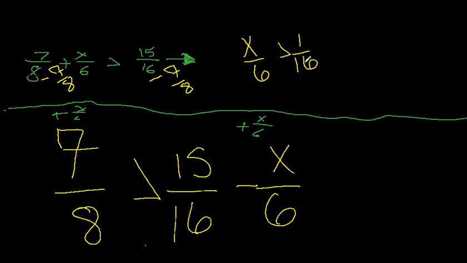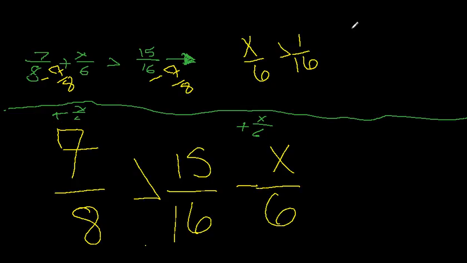How did you get 1/16? Okay, so you have 14 over 16, and then you subtracted 15 sixteenths minus 14 sixteenths. You got 14 sixteenths by converting 7 eighths to 14 sixteenths, correct? Okay, so now you have x over 6 is greater than 1 over 16.